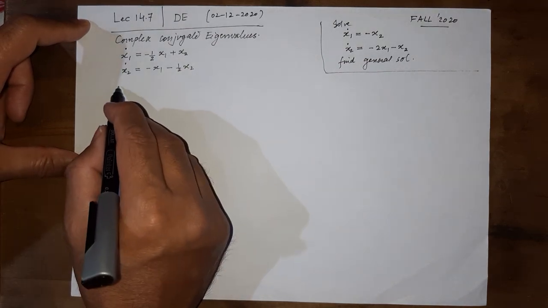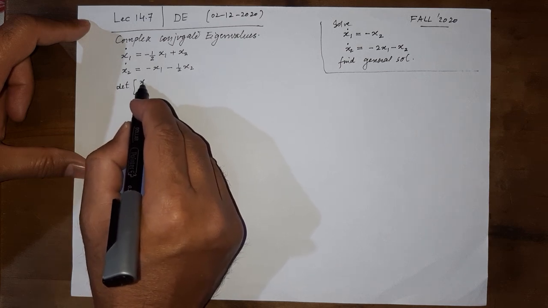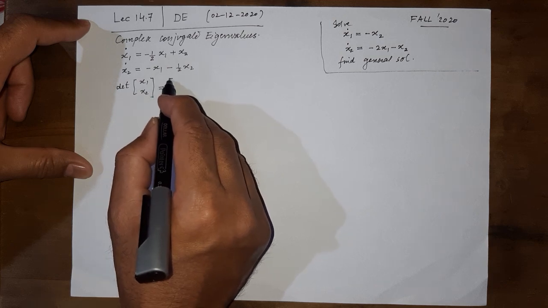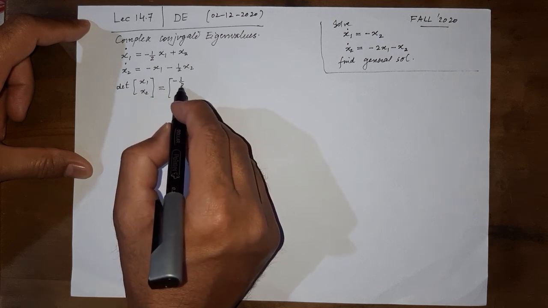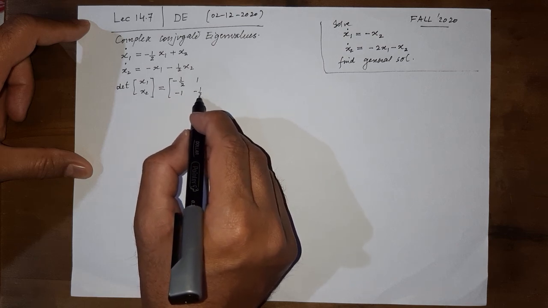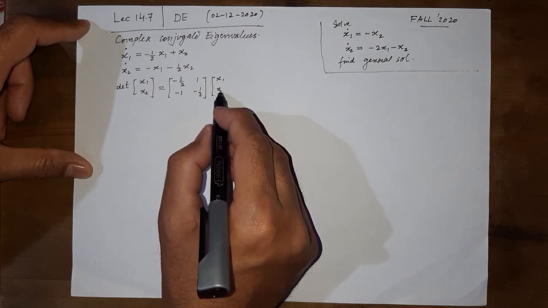Once again, we are going to write in the matrix form. So x1', x2' is equal to minus half, 1, minus 1, minus half, times x1, x2.